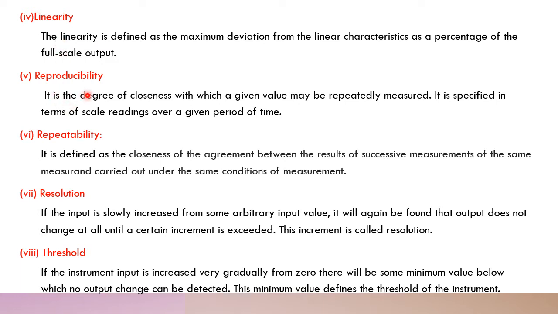Next one is the reproducibility. In reproducibility, here the degree of closeness, that is repeatedly measured. Here it is taken over the given period of time, but here the devices used for measuring are different. Under different conditions it is measured, that is reproducibility.